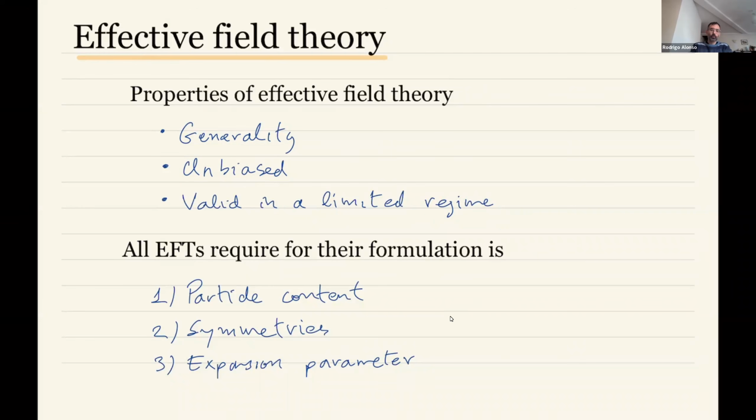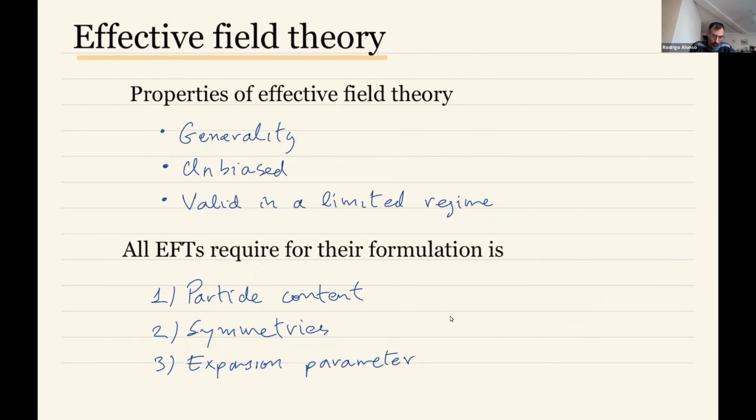And in turn, effective field theories don't ask for much for their formulation. You don't need much to specify what the effective field theory is, but you need some things. You need to know what you're talking about, what is the particle content that is out there, what are the symmetries of the system to implement them in your dynamics.